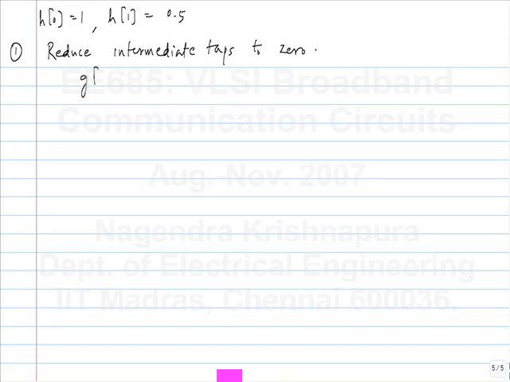What are the equalizer weights? What is G0? 1. What is G1? Minus 0.5. And the convolution of the two is this. Correct? Or minus? This should be minus.